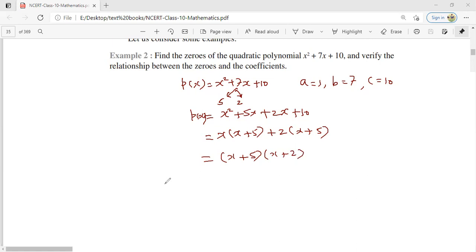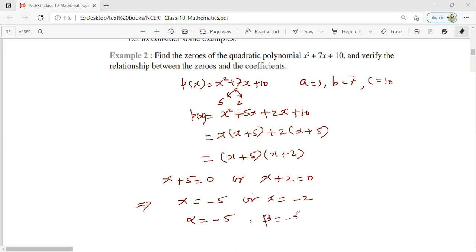Now equate each factor to 0 to get the values of x. x plus 5 is equal to 0 or x plus 2 is equal to 0. It will give x is equal to minus 5 or x is equal to minus 2. So this will be alpha, we can take any one as alpha, and the other will be beta.